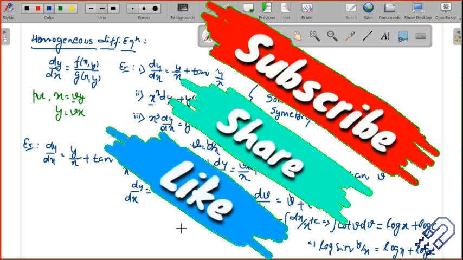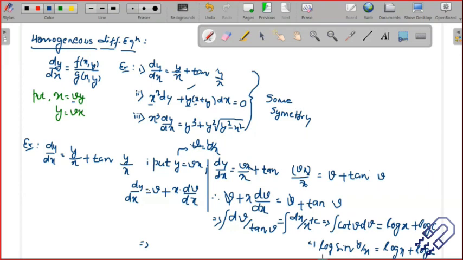Then if you simplify it further, everywhere there is a log, so you can just get rid of that log. You can combine on this side: log of x plus log of c would be log of xc. So sin of y by x is equal to xc.